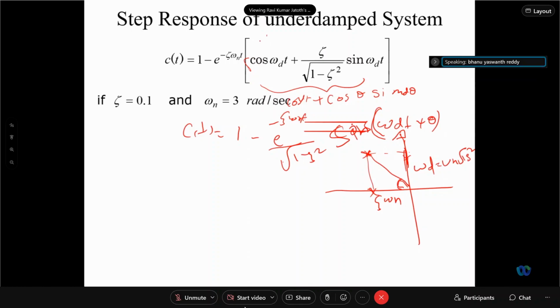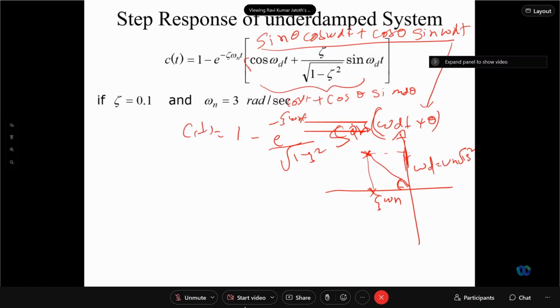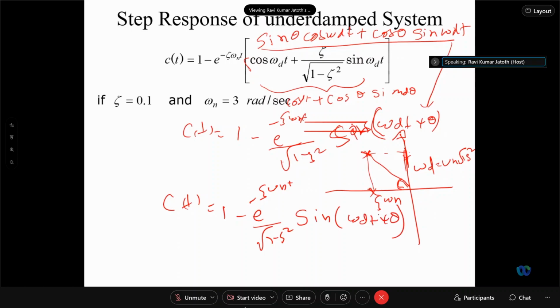So we can write this as sin theta cos omega d t plus cos theta sin omega d t, which is sin A cos B plus cos A sin B. Understood? C of t is equal to 1 minus e power minus zeta omega n t by under root 1 minus zeta square, sin omega d t plus theta.